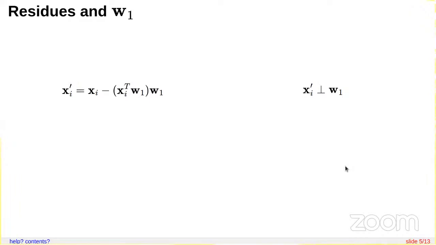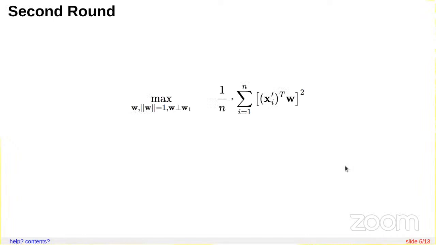Good point. Yes, it is necessary, because there is a way to establish that. There is some argument that you'll have to go through. It turns out that whatever direction you consider which is not perpendicular to W1, the maximization objective will have a smaller value than if W were perpendicular to W1.